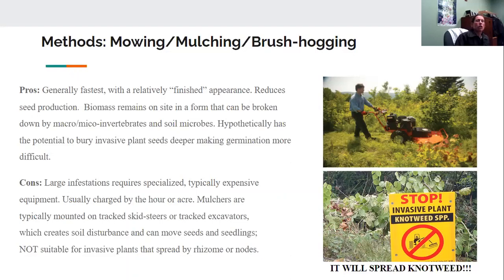And so you have more potential to spread. And mowing is definitely not suitable for invasive plants that spread by rhizome or by nodes. As Jack mentioned, it will spread knotweed, because knotweed spreads by rhizome, and if you're mowing it, it's going to spread the plants. So mowing is definitely not appropriate for managing knotweed.